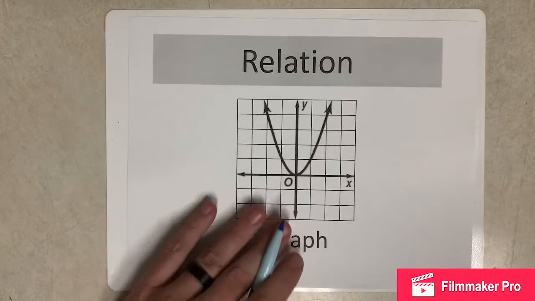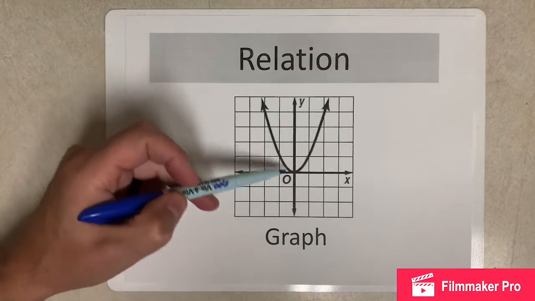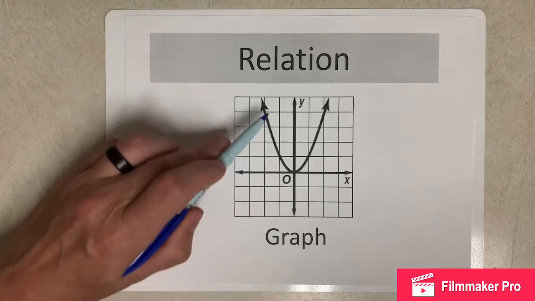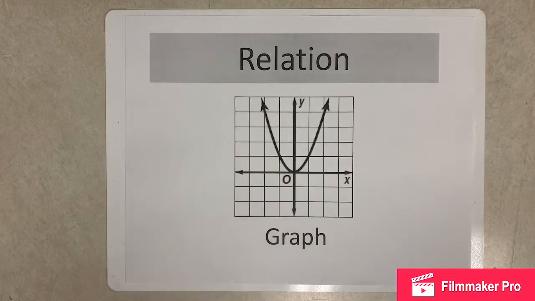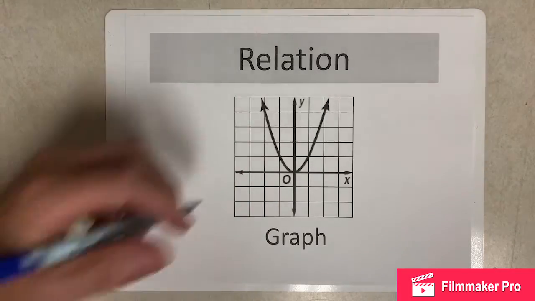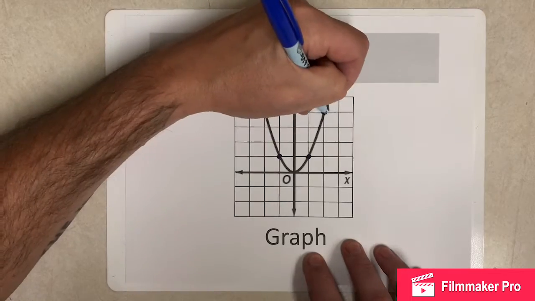Now sometimes we're going to have relations that have a lot of ordered pairs. This graph right here, this is called a parabola. And so that parabola right there has a lot of ordered pairs that you can't write them all down because there's so many. So what we do is we graph that thing and we show the behavior of this function and the shape of it. And we can get some ordered pairs from there, like these or these.